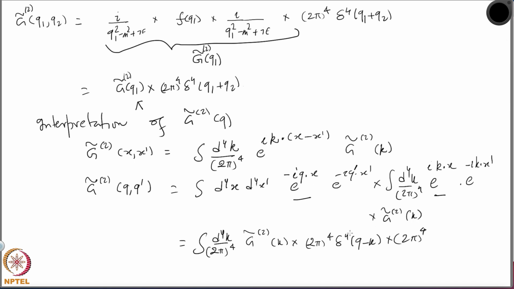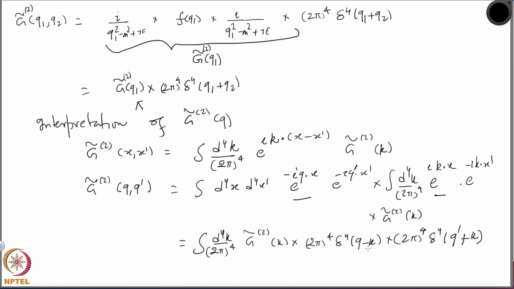Okay, so this one is fine, and that one should be q prime minus k. Now, no, there is something wrong. q dot x, k dot x. So there is a relative sign. So fine. Here k minus q prime. So it should be a plus.